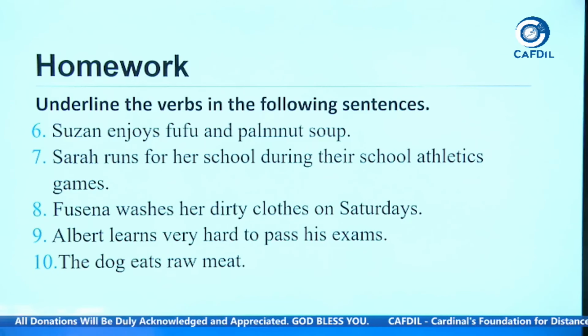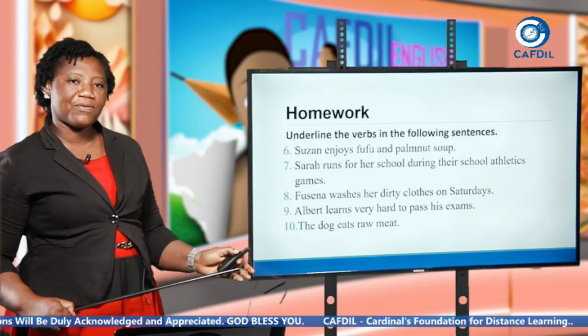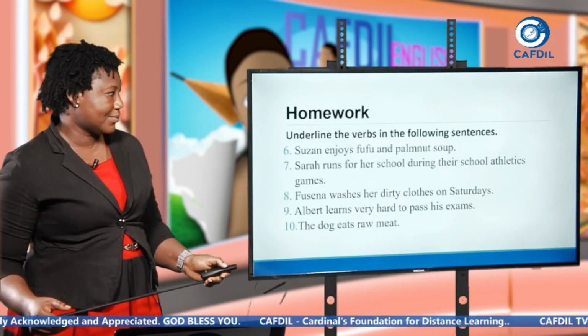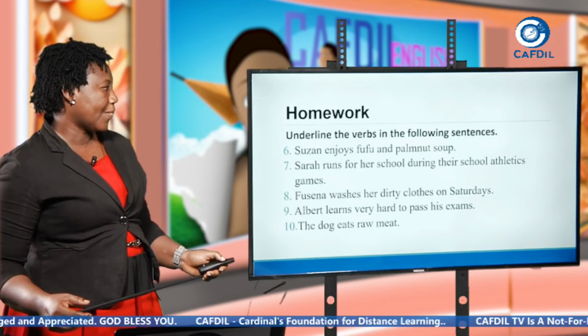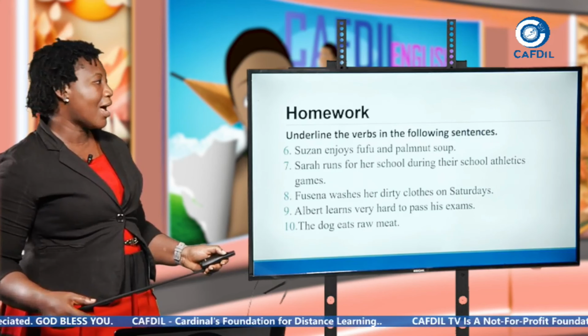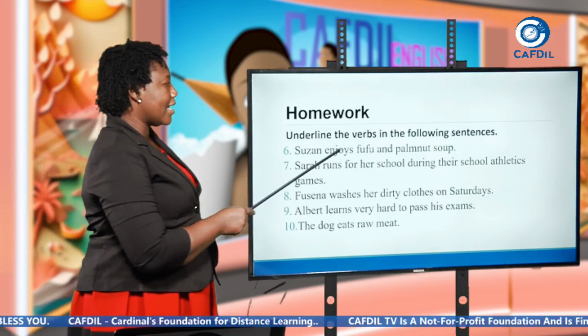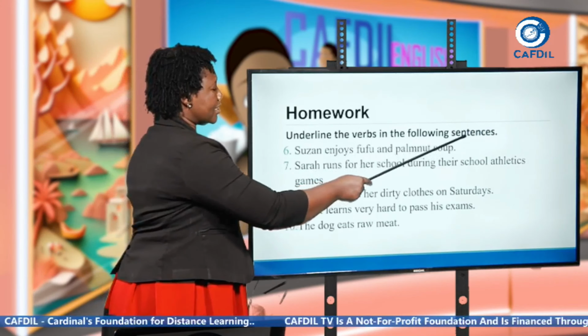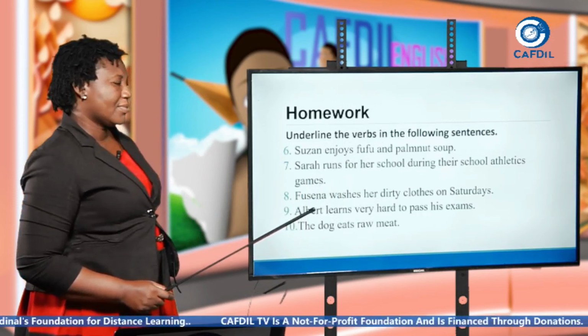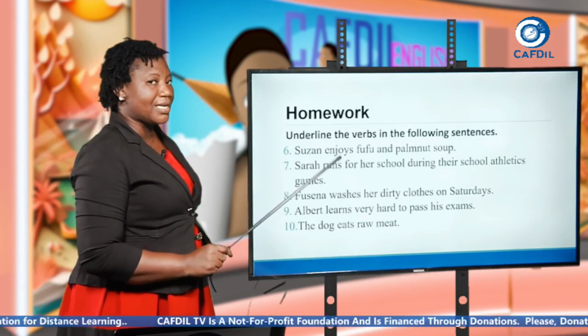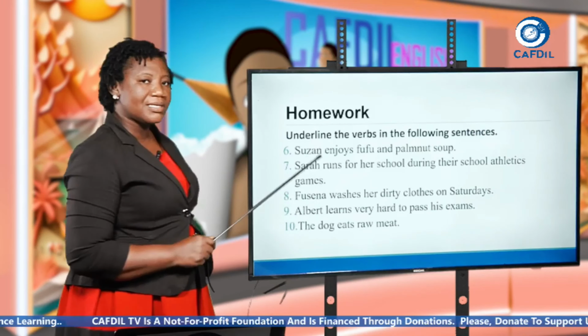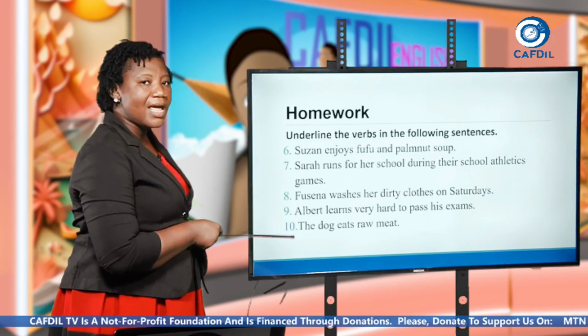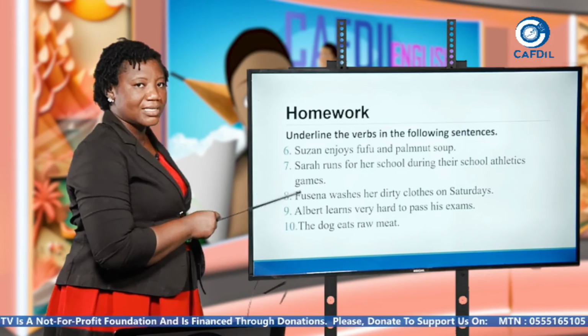Good. So I have some homework for you to try your hands on. Here you are going to underline the verbs in the following sentences. It's just like what we did the last time, but this time we are using names for our sentences.